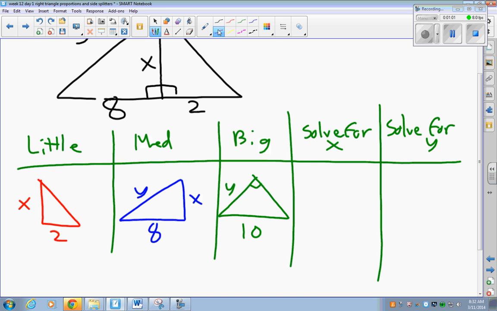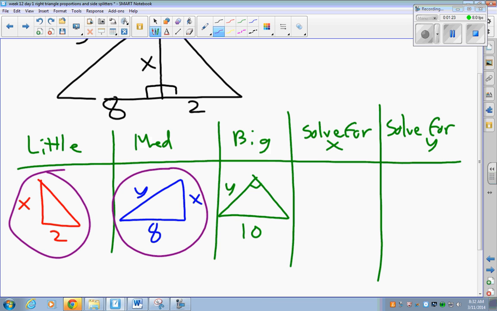Because all 3 of these triangles have 2 sides labeled at least. The blue one even has 3 sides. But if I try to use the green triangle to solve for x, that won't help me, because there's a 10 and a y. And I have no idea who y is, so I don't want that. So for the solve for x one, I would use that piece and that piece.